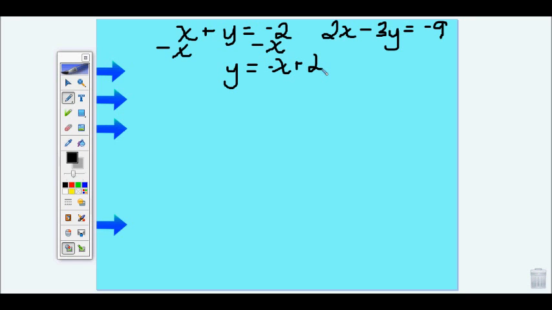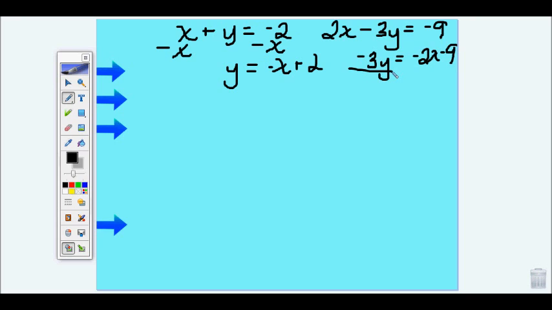This next one, I'm going to get rid of my 2x. So I'm going to have negative 3y is equal to negative 2x minus 9.